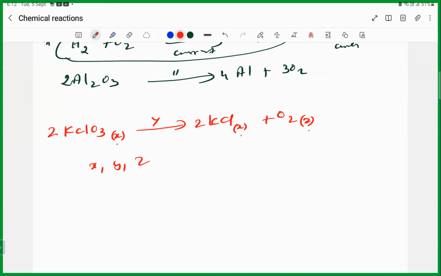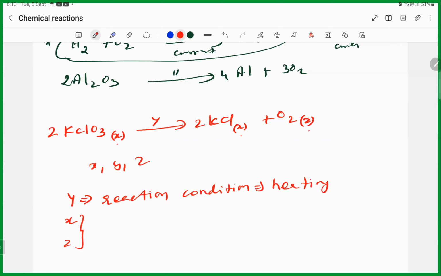கண்டுபிடிக்க முடிஞ்சதா? Sir, Y is heating, sir. Heat. Very good. Y is reaction condition. So heating. Good. And what is X and Z? Sir, X is solid. Very good.